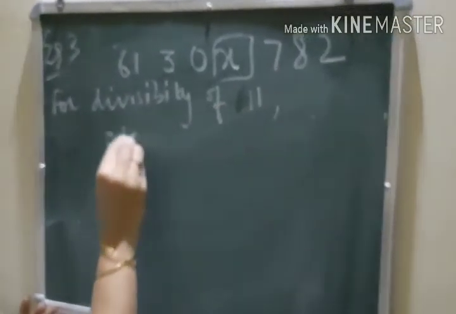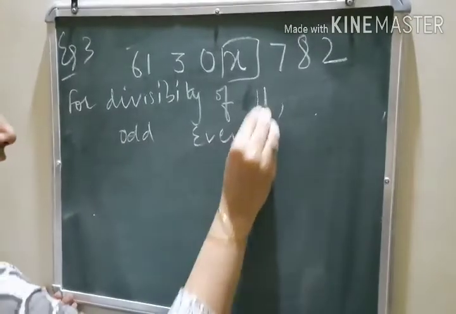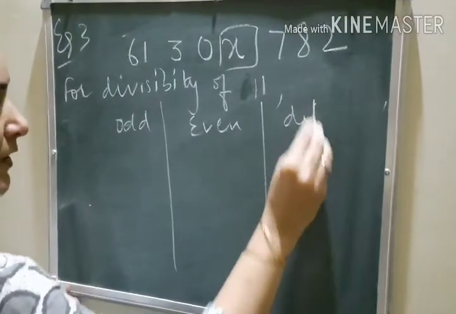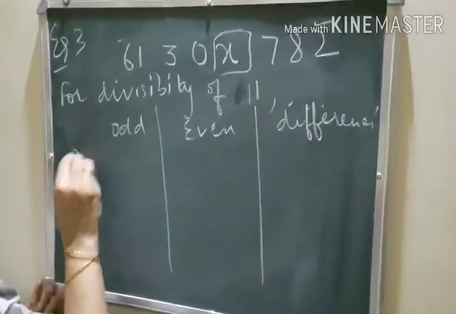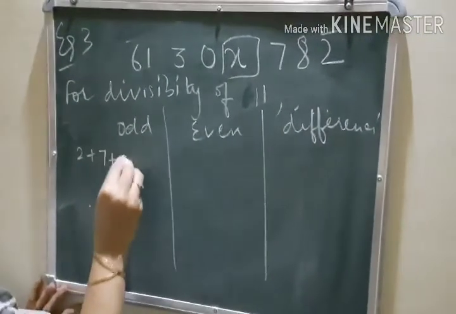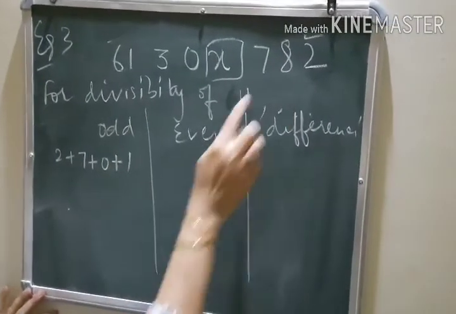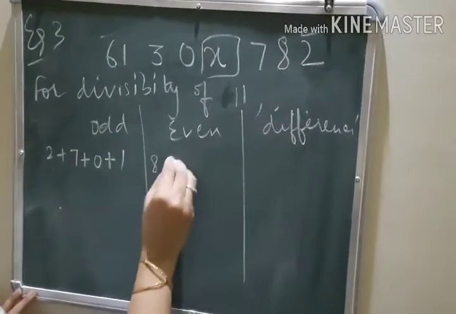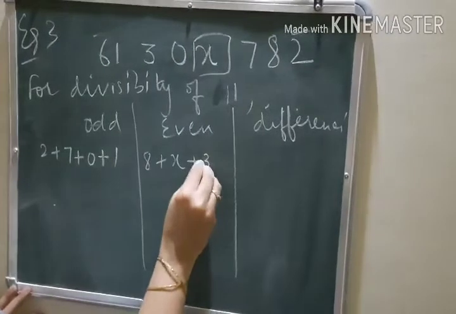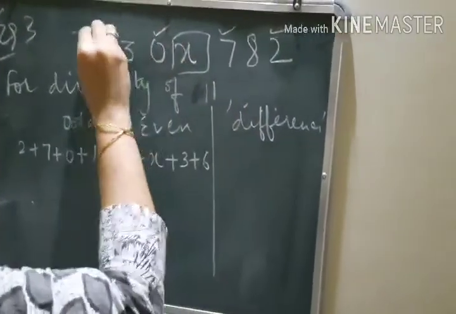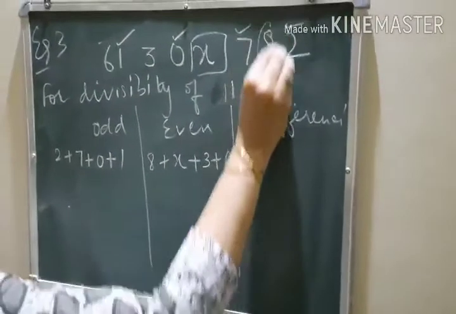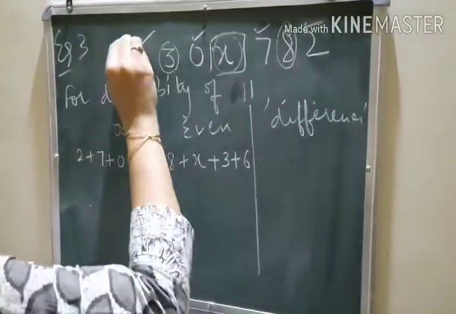So we'll write odd, even and difference, and accordingly we'll find. Now odd places are 2 plus 7 plus 0 plus 1, and even places are 8 plus x plus 3 plus 6. These are odd places and these are even places.